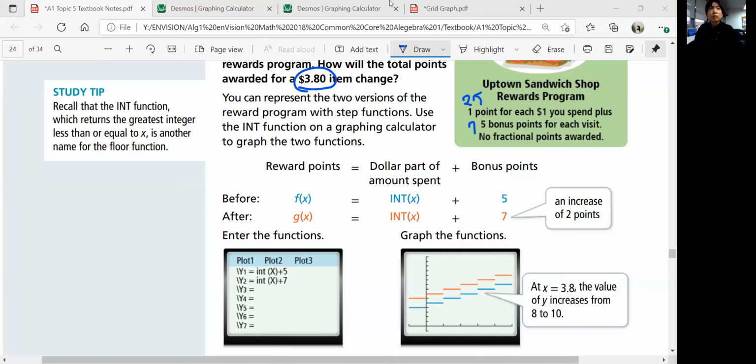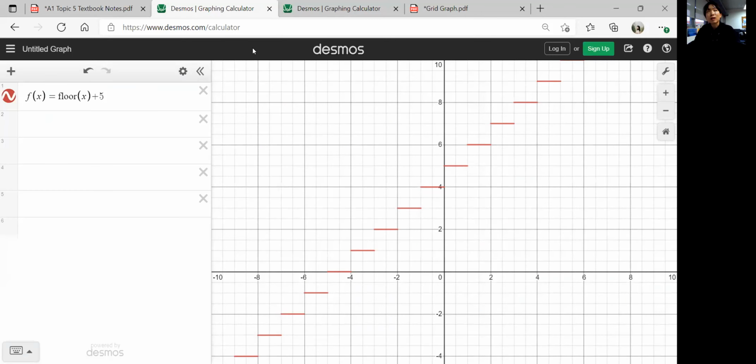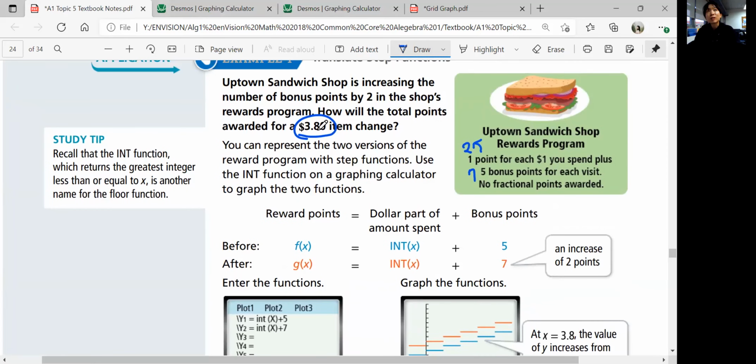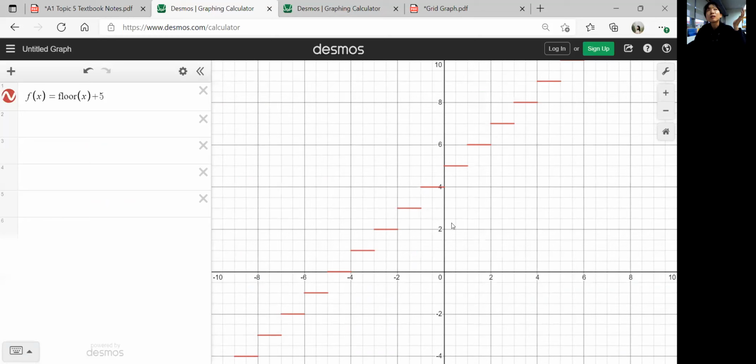In a graphing calculator, you can use something called int, but in Desmos, you will have to use either the floor or the ceiling. In this case, you're rounding down for every decimal you go up, right? If you spend 3.80, they only count the $3. So you're rounding down, so this is going to be a floor function.